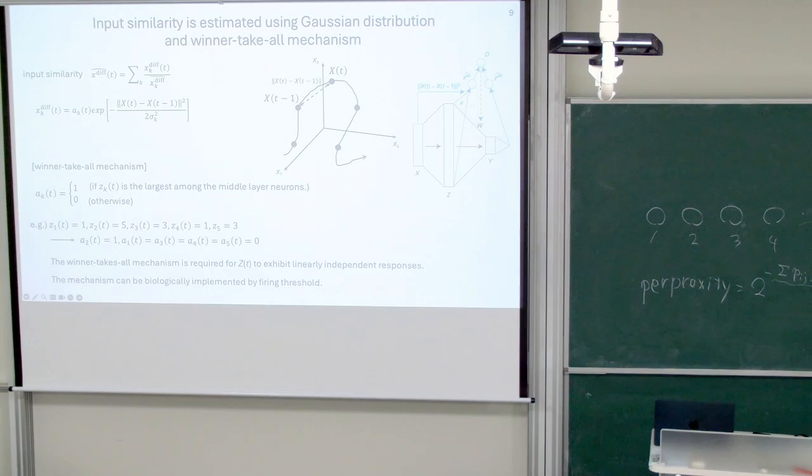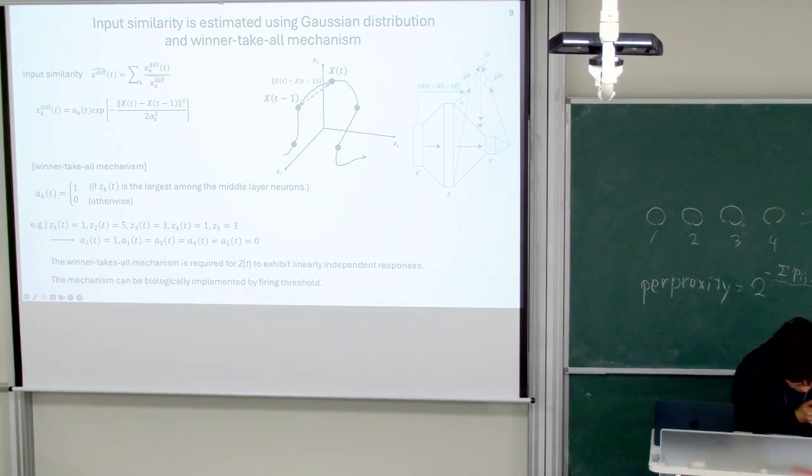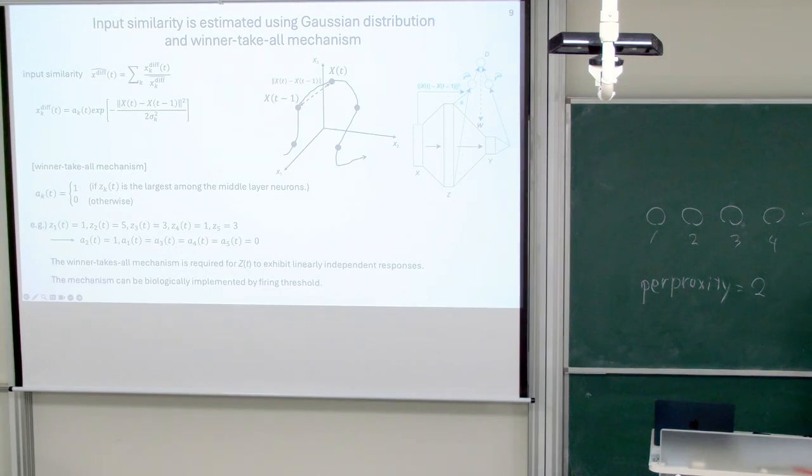Perplexity means a kind of predictability. But then again, what is P? What distribution does P represent? Sorry, it's a conventional method.